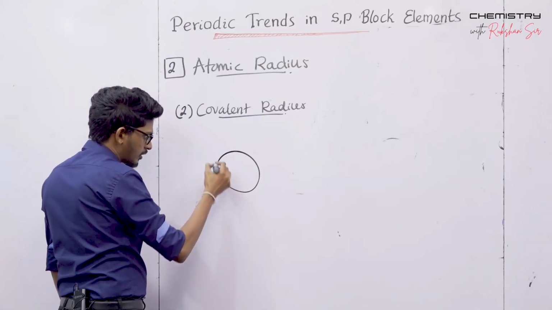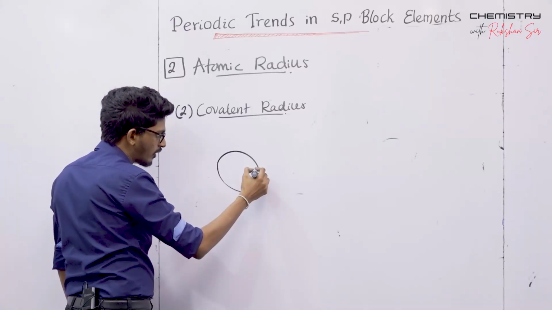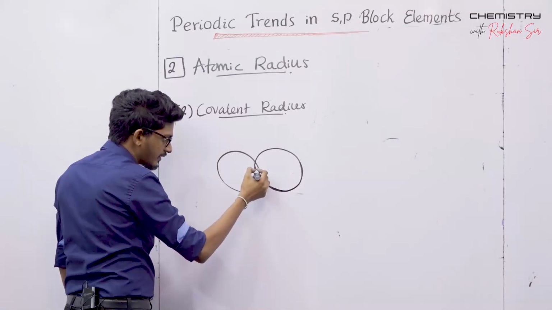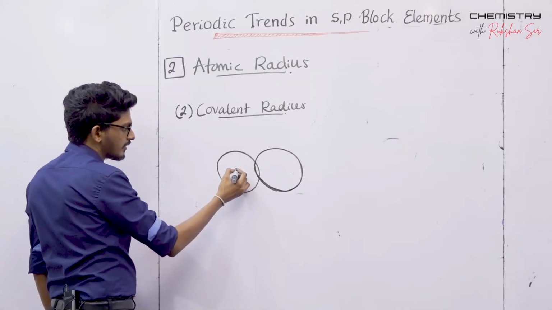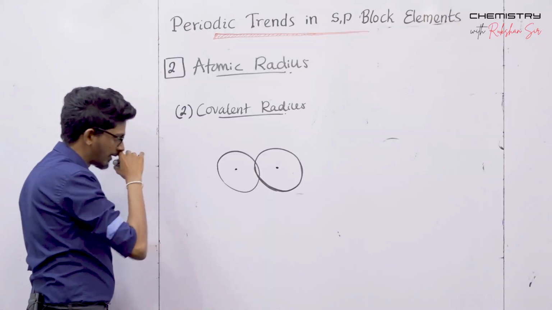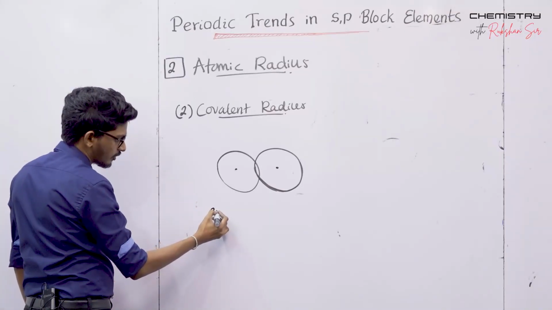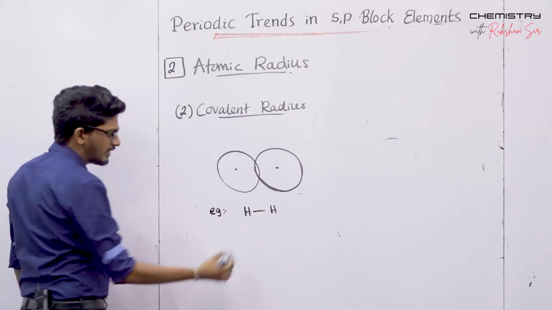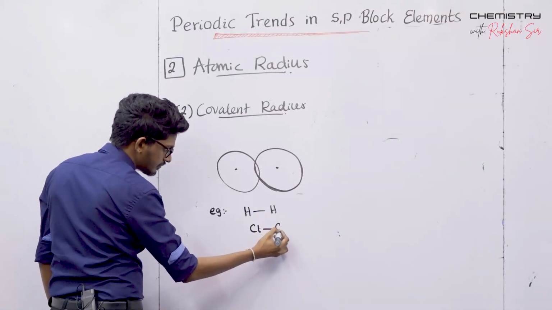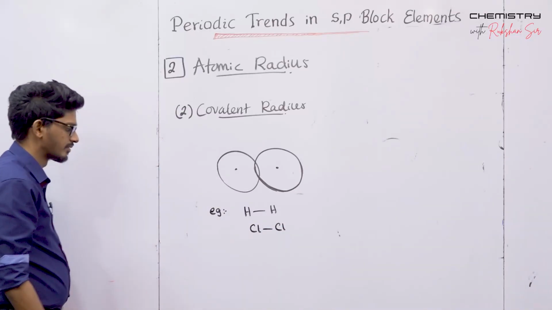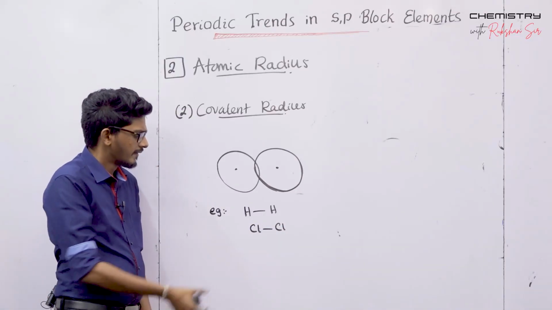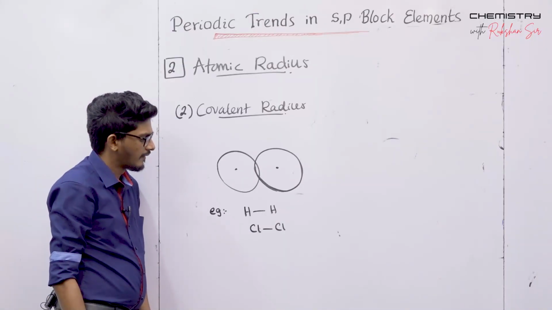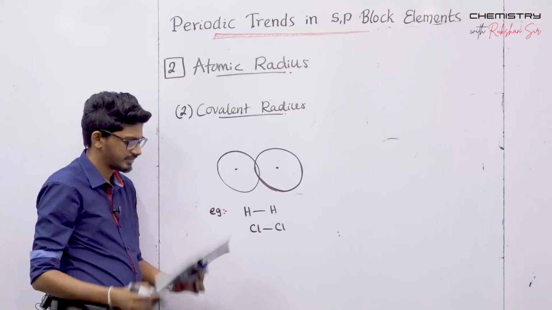When two atoms are connected via a covalent bond, like H2, or Cl2, F2, Br2, the two atoms are connected via a covalent bond.